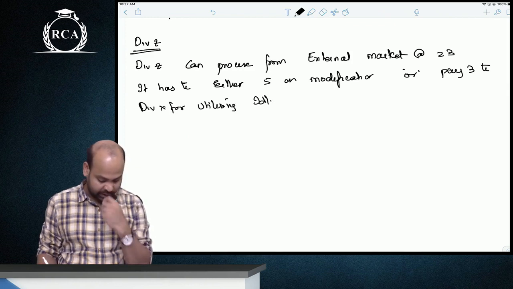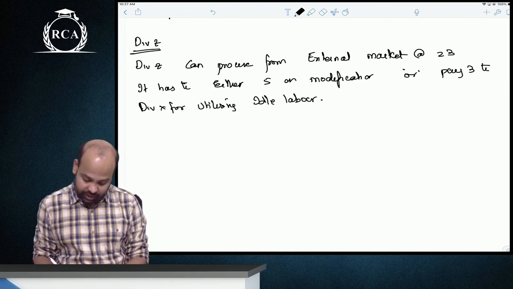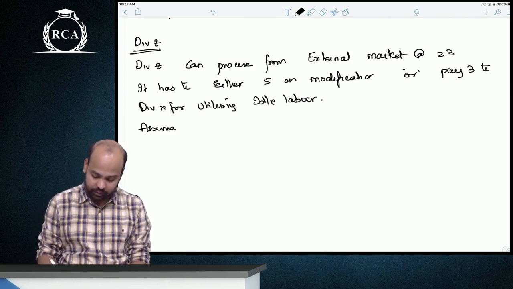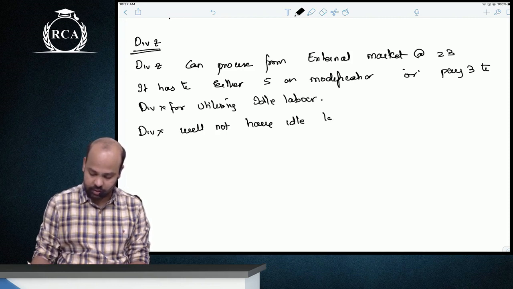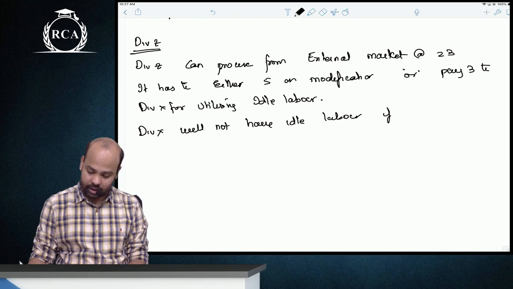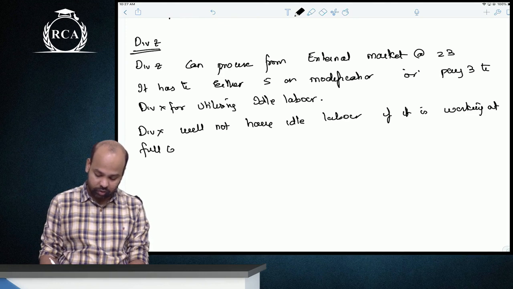Here comes an assumption: you will have to assume that division X will not have any idle labor if it is operating at full capacity. Yes or no? Yes, sir.